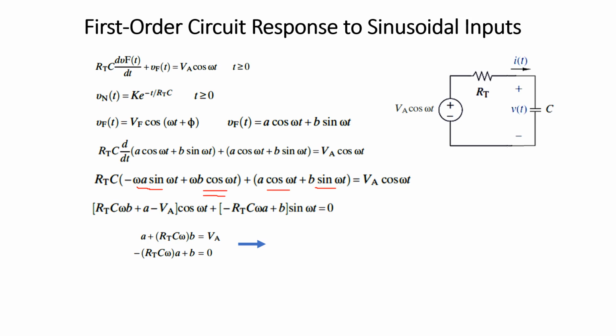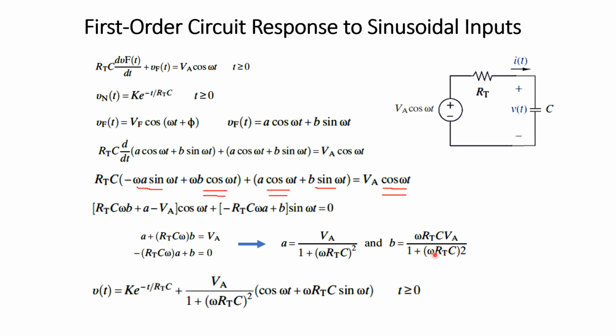There is another cosine over here, plus A, and at the right hand side there is another cosine function, and therefore the right hand side of this equation is VA. We proceed further, and from here we can solve these two equations to find A and B.